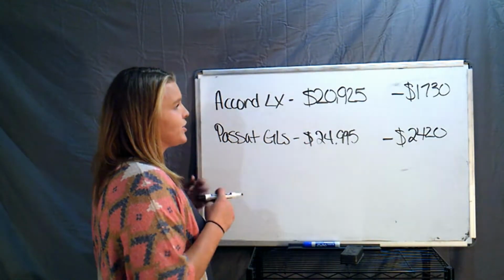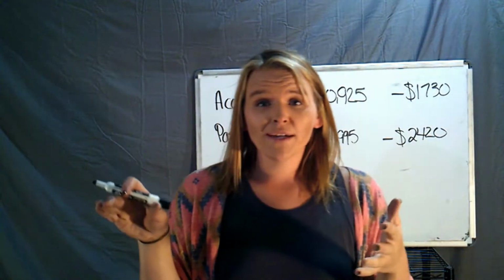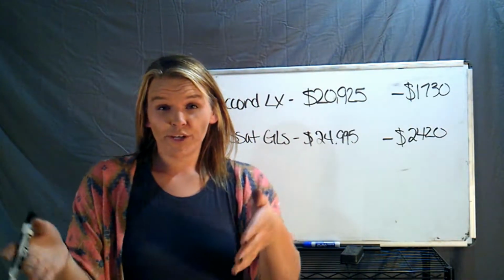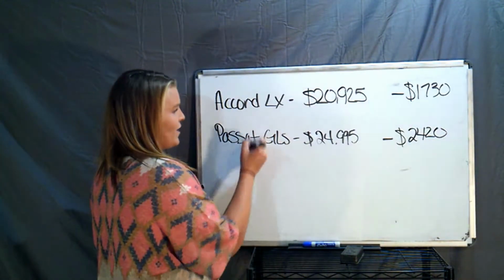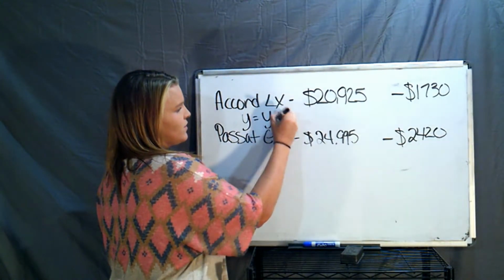So my Accord equation is going to be $20,925, and then I'm going to subtract $1,730 per year. So we need a variable for years, and I'm going to have x equal years.